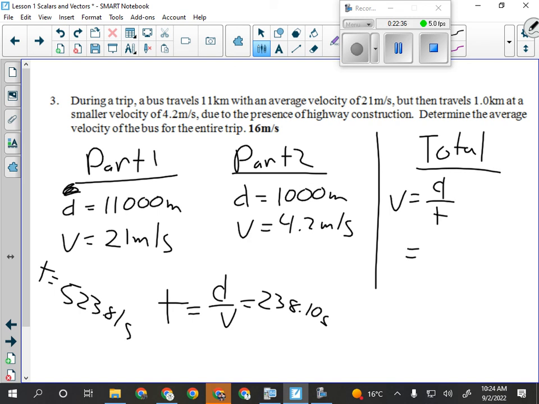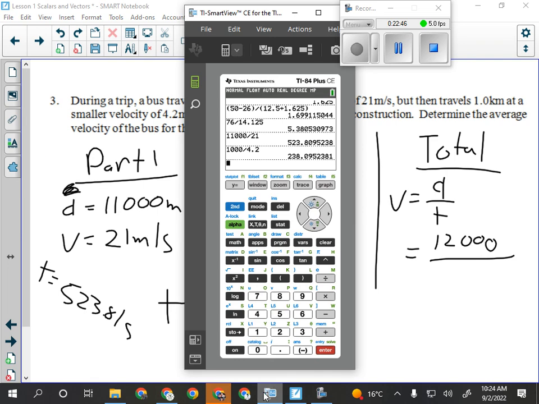My total distance is 12,000 meters. And my total time is 523.81 plus 238.10. So I go 12,000 divided by these two numbers put together. All right, so 16 meters per second.